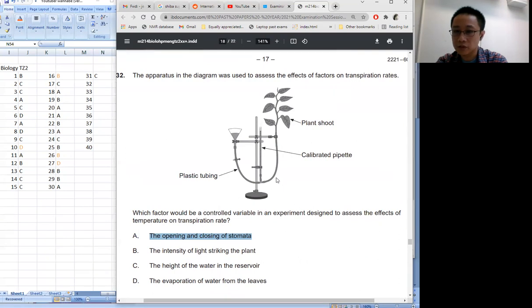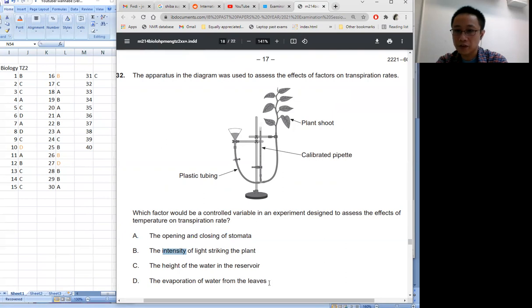I guess most likely you're going to look at the rate, average some marker, such as a bubble in a stream of water, or maybe the calibrated pipette. Actually, the calibrated pipette, would it have some physical effects? Probably not as much as the intensity of the light.